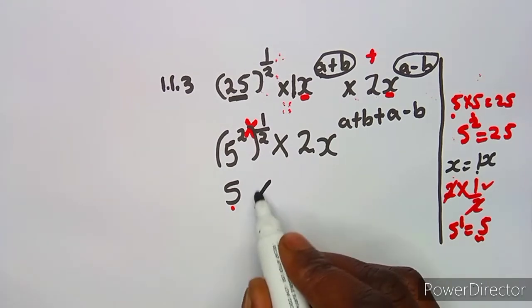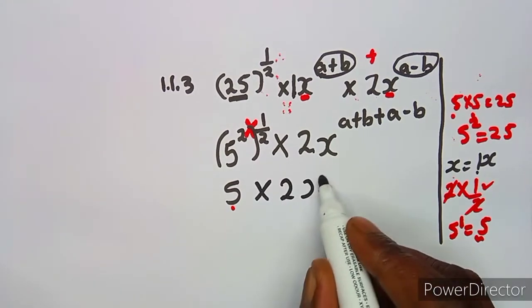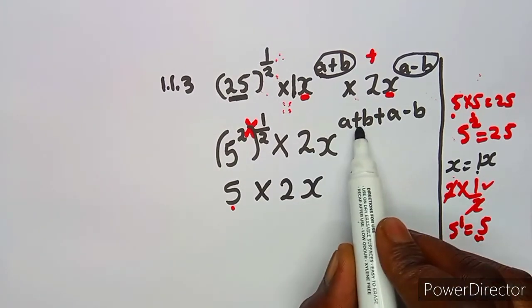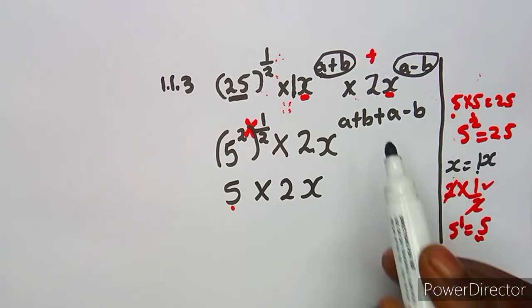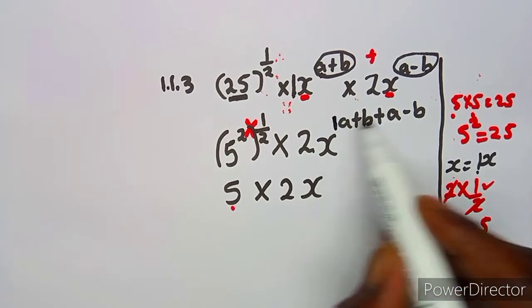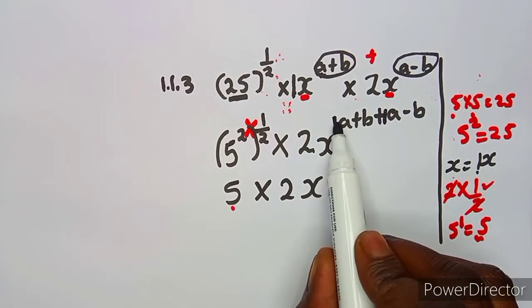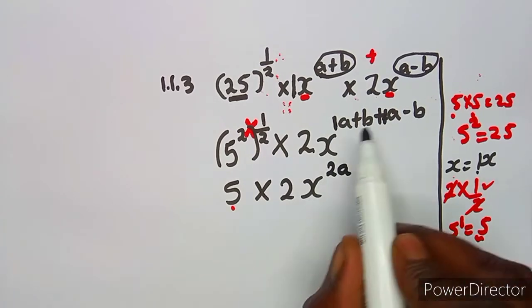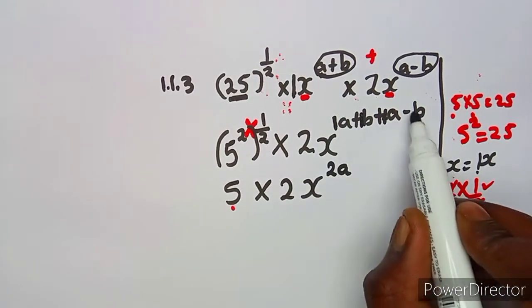Okay, times 2x to the exponent of here. We are now collecting like terms. Take note, we have like terms, which are 1a plus 1a. So you're adding 1 plus 1, which is 2a. All right, here you've got plus b and minus b.